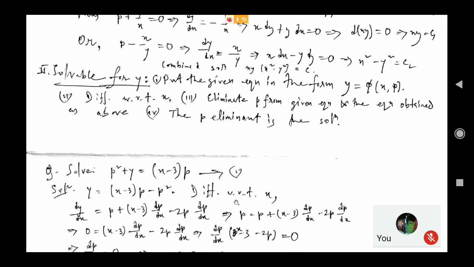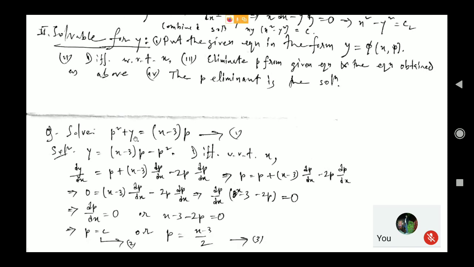Let us see an example. Solve this equation, p² + y = (x − 3)p. So here, if you can make it solvable for p, then also it may be possible. Then maybe like earlier, you have to factorize and find the roots of p.